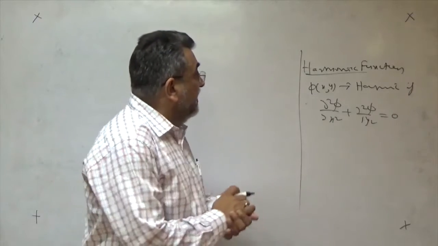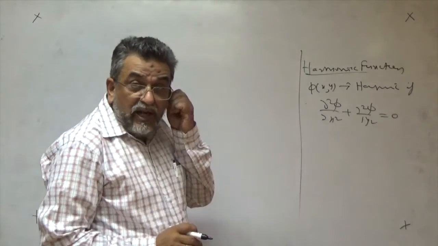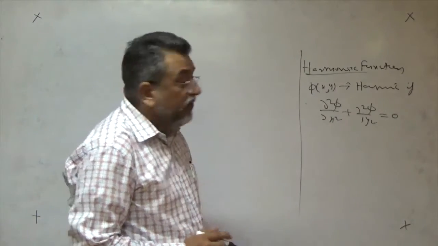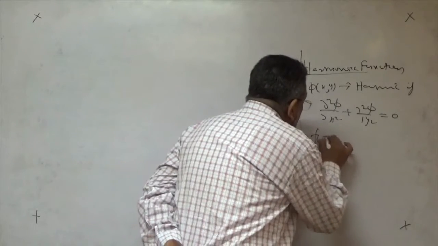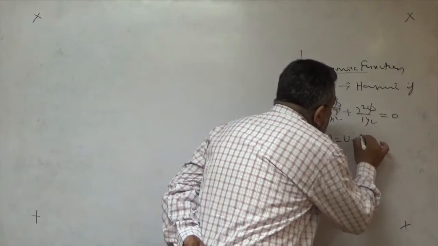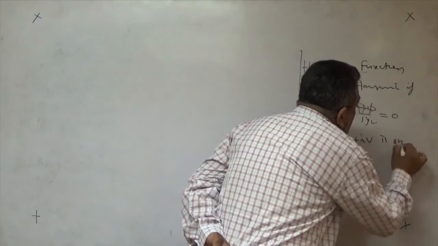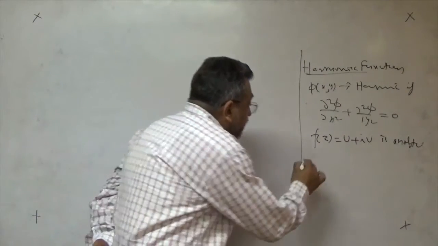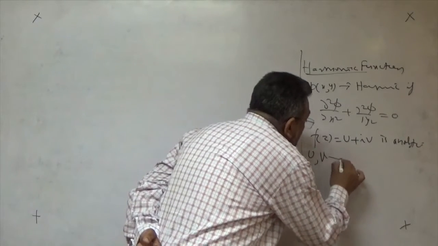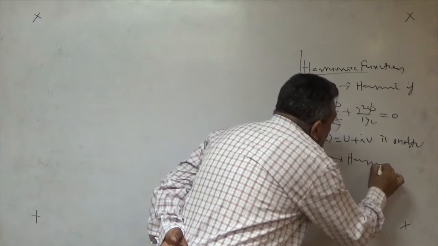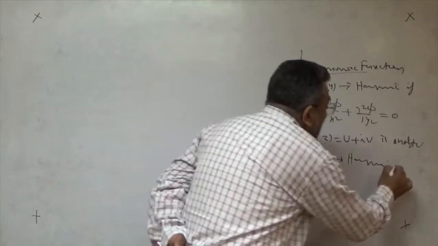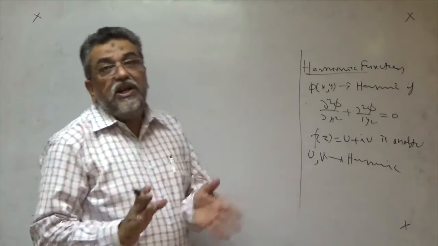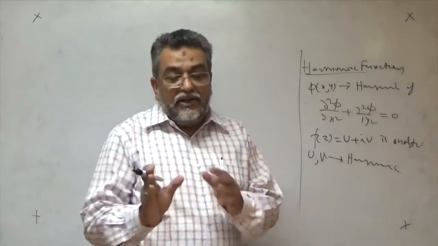And after that, I expressed a property related to the analytic function, in which I told you if f(z) equal to u plus iv is an analytic function, then u and v both are harmonic. Means if the function is analytic, then its real and imaginary parts are harmonic.